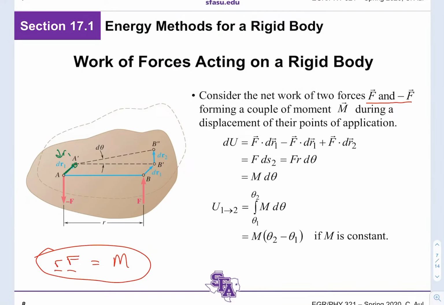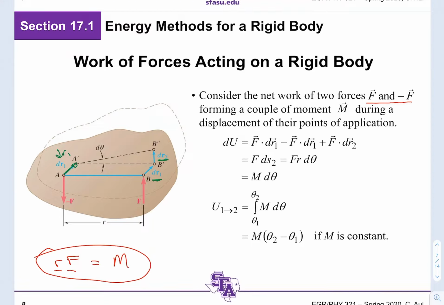But if we're just looking at the individual forces themselves and the type of motion we're expecting to see, we can break it down. Obviously these forces are going to create motion. We're assuming, in this case, that here we have some dr1, and here there's going to be some dr, which I'll call dr2 prime or something like that, in which there's a total motion that's different, but we don't quite know.